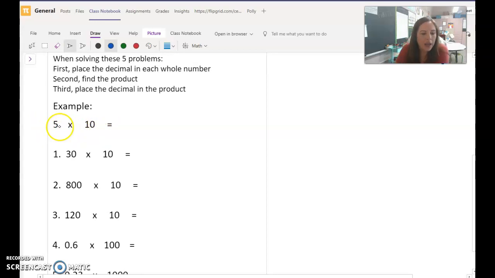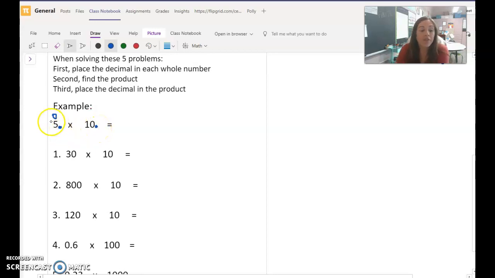So my decimal should go here because I know that in the number 5, it is in the ones place value, and my decimal is always on the right side of the ones. And in my 10, it's going to go right here because in 10, I have 1 ten, 0 ones, and decimal.